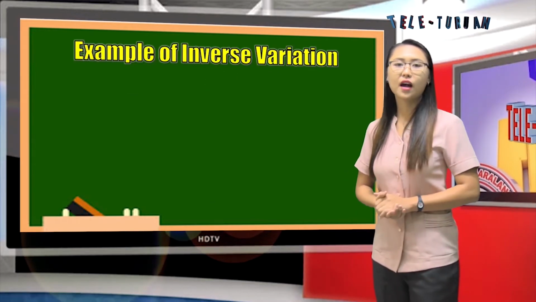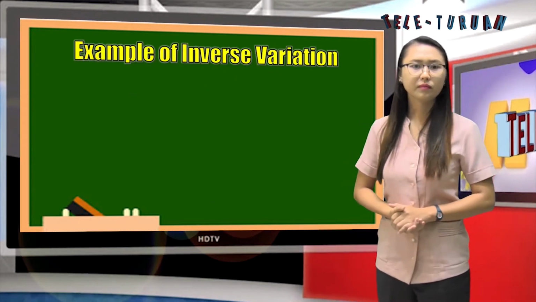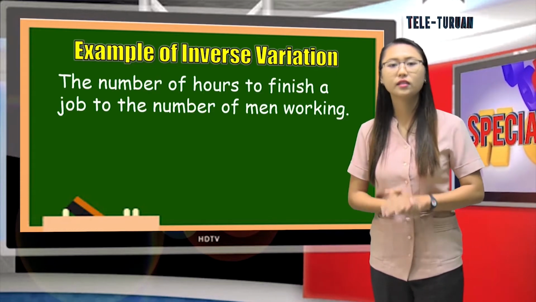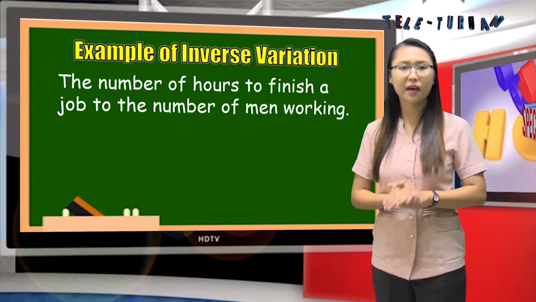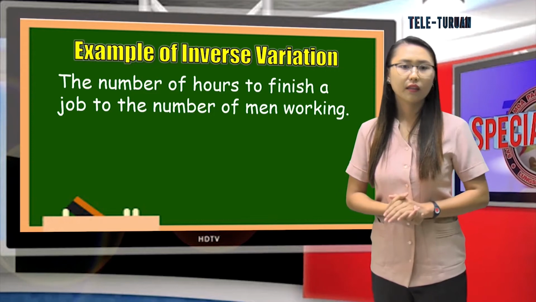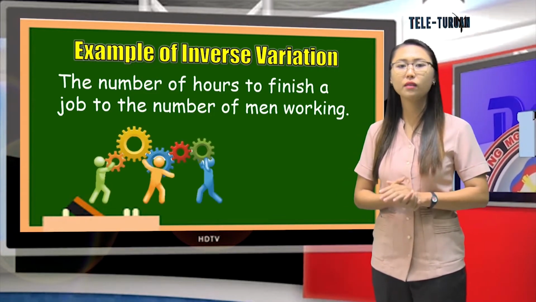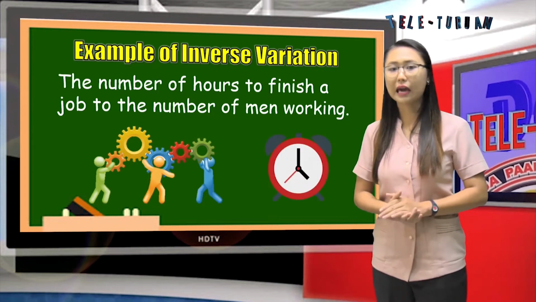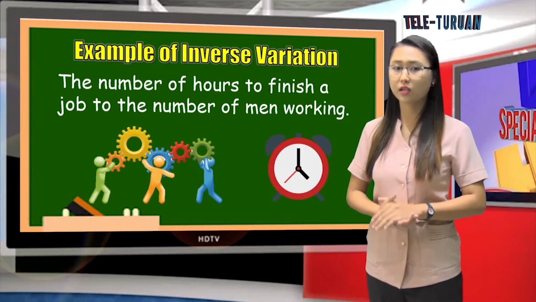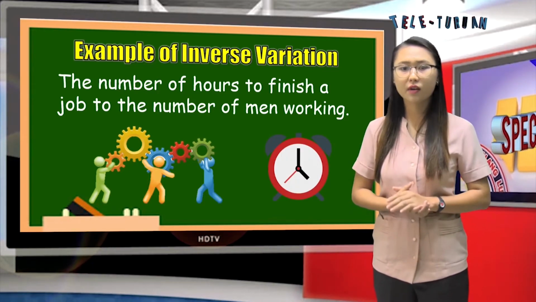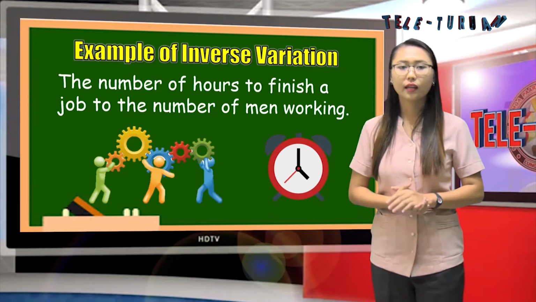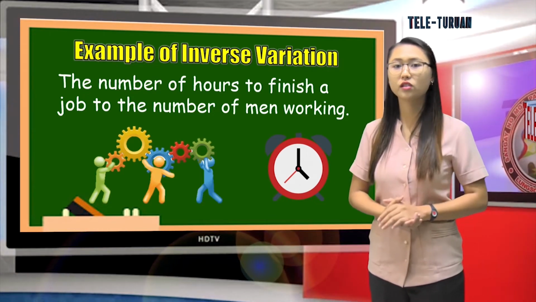Let us have the following examples. The number of hours to finish a job to the number of men working. This shows inverse variation because if there are more men working, the lesser the time to spend in finishing the job. Or if there are less men working, they need more time to finish the job.